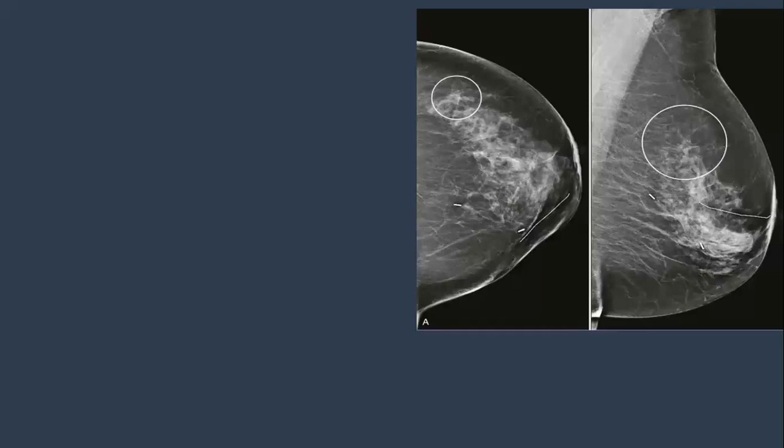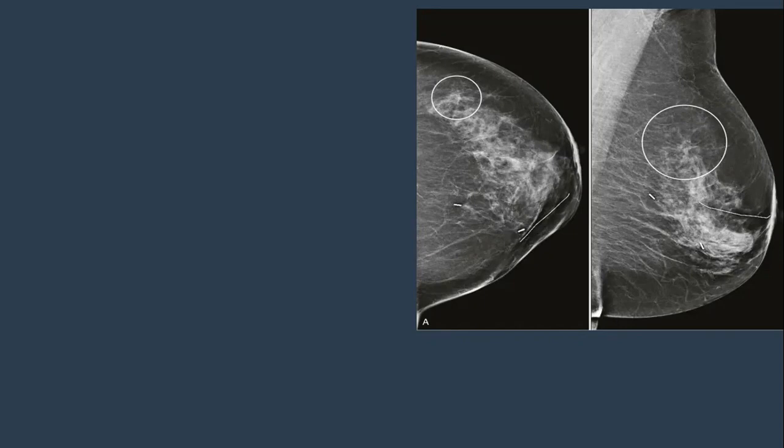Okay, what about this case? What are these structures? What is this? What does it mean?